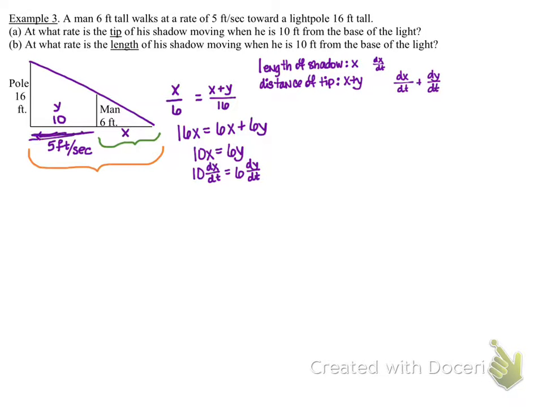Oh, he's walking away from the pole, so I actually had my arrow backwards, and I'm sorry, dy/dt would be 5, so 10 dx/dt equals 30, and dx/dt would be 3.